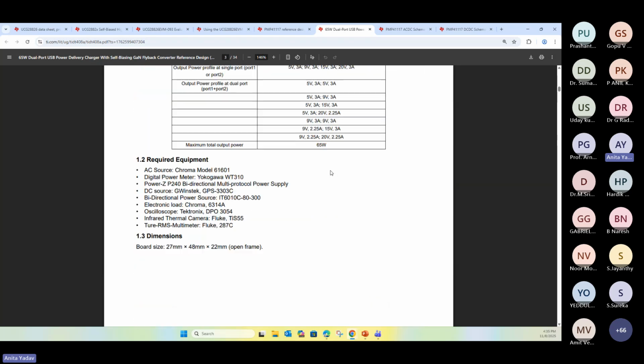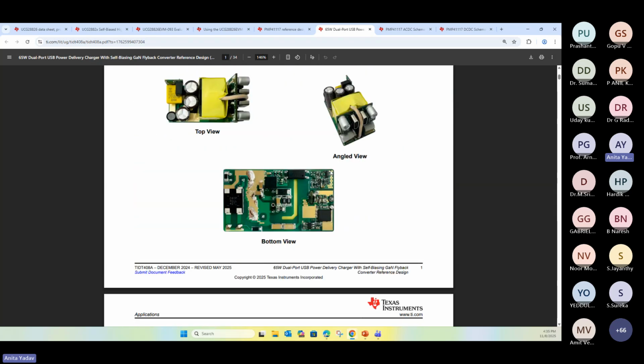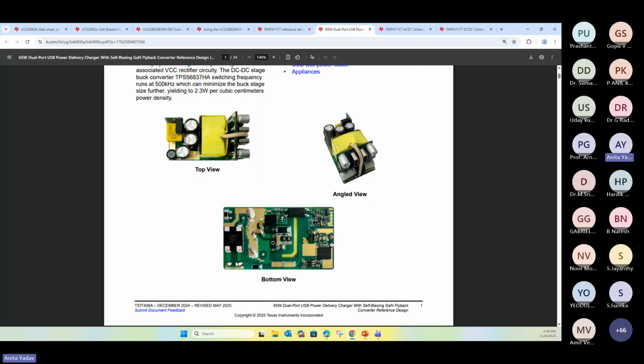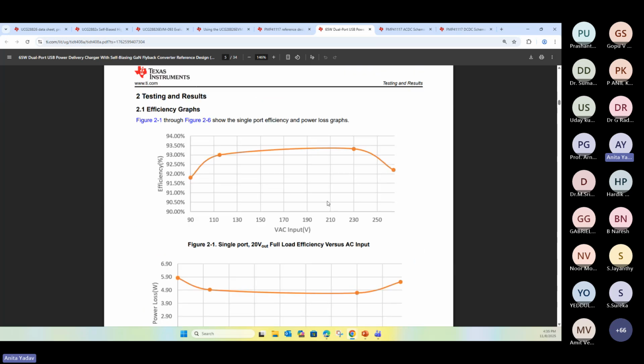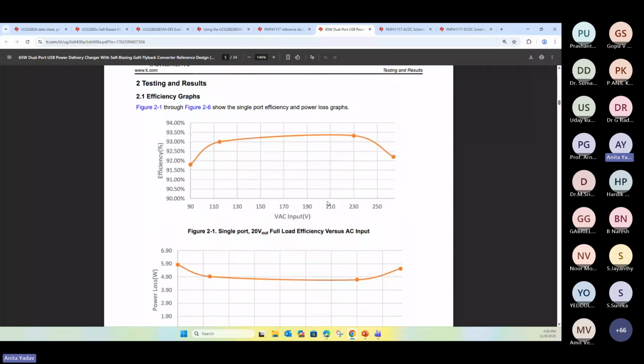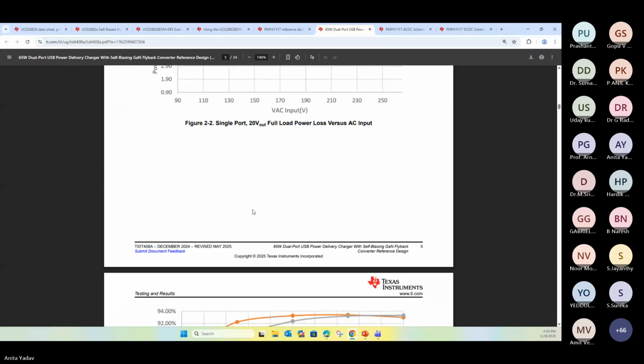If I show you the board, this is the input side. When we connect the supply, we directly connect the input power analyzer, and similarly on the output side you connect a power analyzer. You get your input power and output power, and output power divided by input power gives you the efficiency.